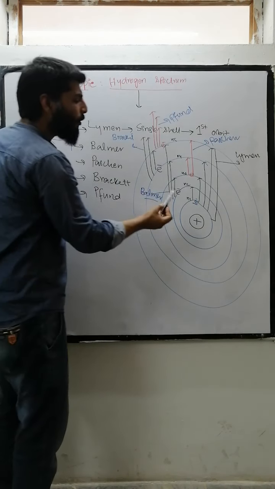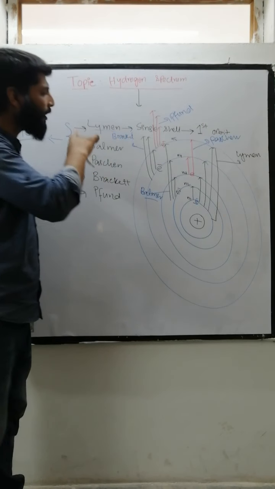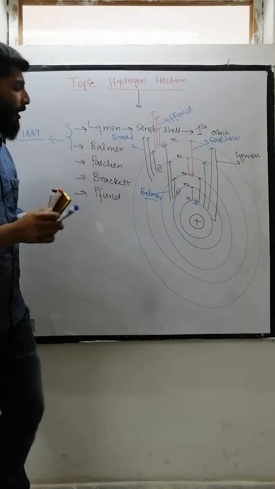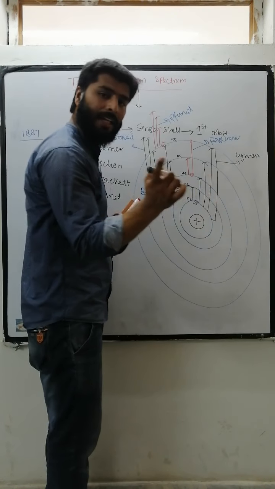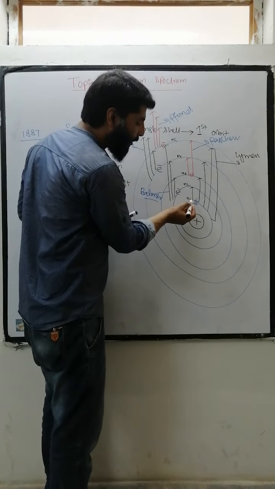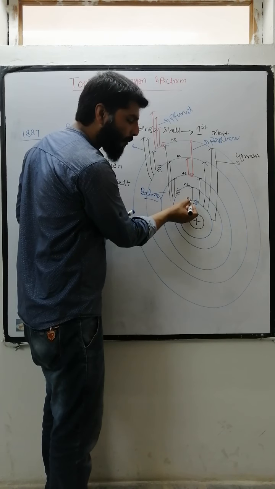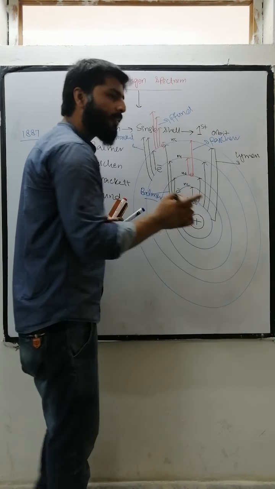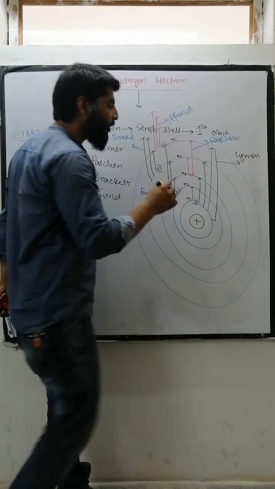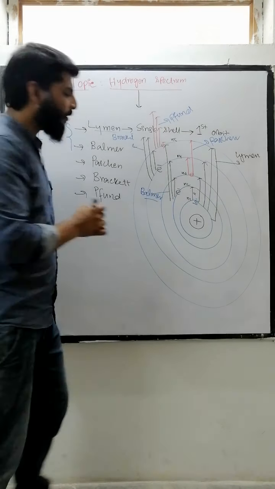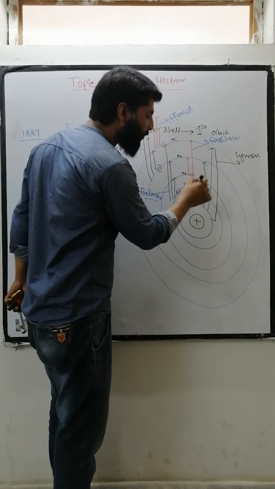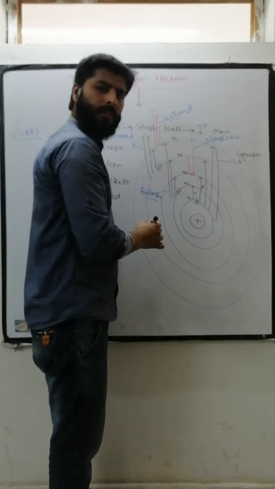Because when you look at each series, it consists of different lines. Look at here, when this jumps from N1 to N2, this will be first transition. So first transition will be known as alpha transition. When it jumps from N1 to N3, it will be beta transition.